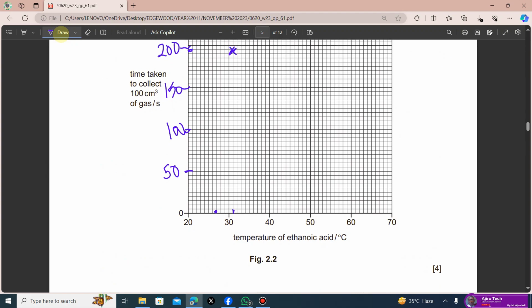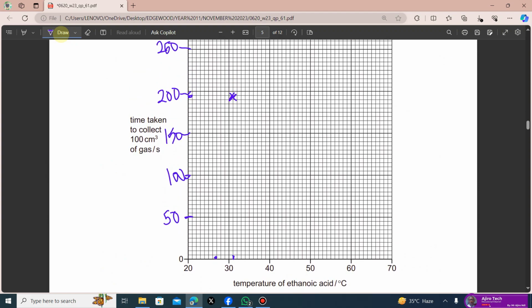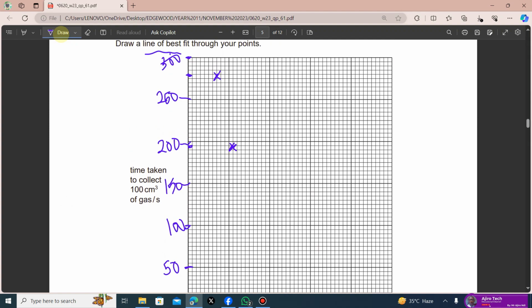36, 148. This is 31, 32, 33, 34, 35, 36. 36 is somewhere around here. So we have to look for 148. So this is 105, 110, 115, 120, 125, 130, 135, 140, 145.